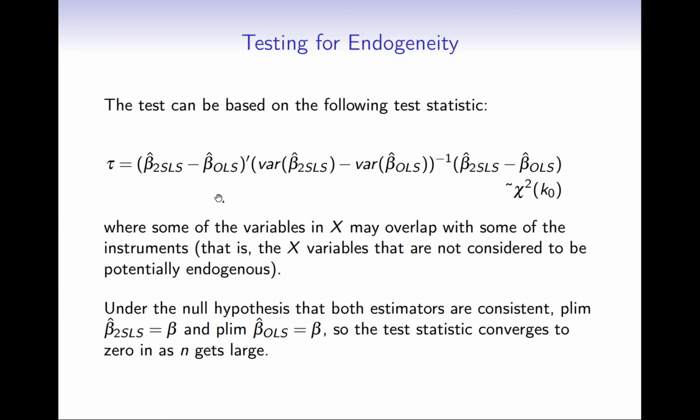So this is going to some number, and therefore this test statistic is going to be blowing up. So under the alternative, where one is consistent and one is not, this test statistic gets large.